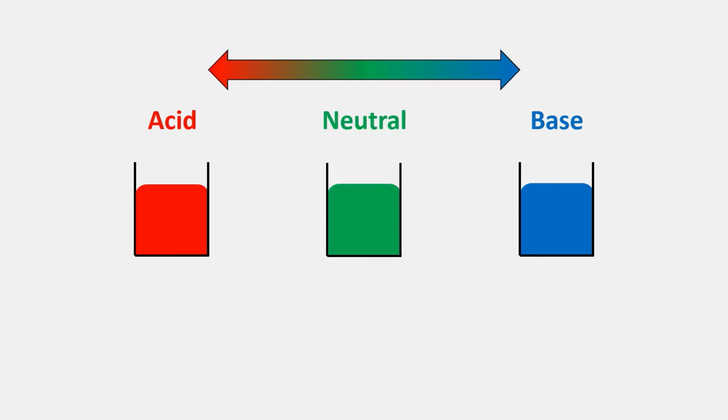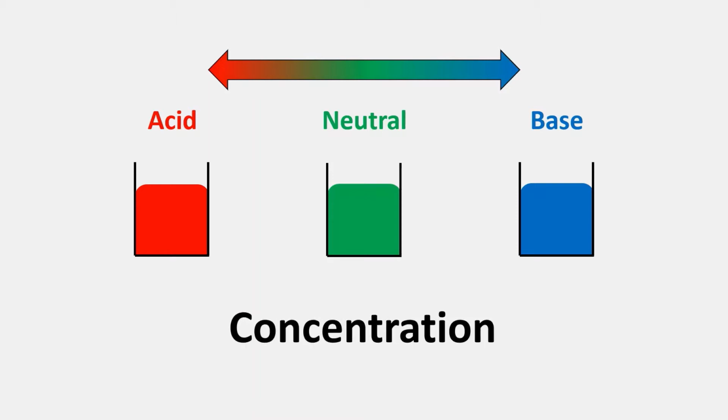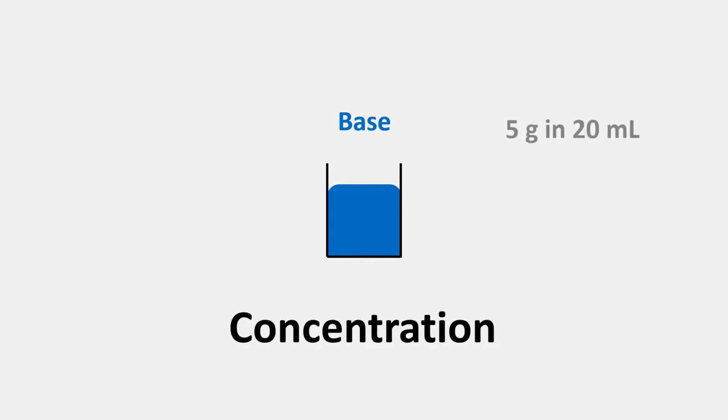To understand these concepts better, we need to consider concentration. No, not thinking really hard, but instead how much of something we have in a given volume. We've come across this before when we made up a sodium bicarbonate base solution. I can't remember the exact numbers, but let's say I dissolved 5 grams in 20 millilitres.